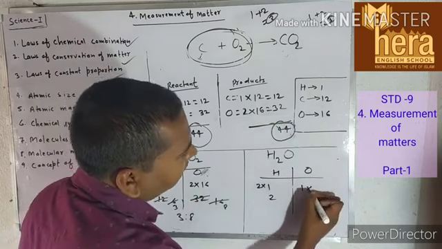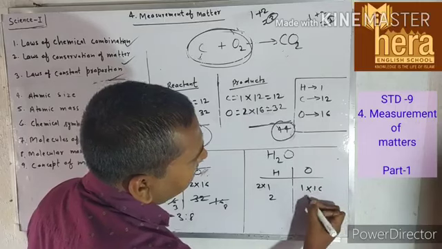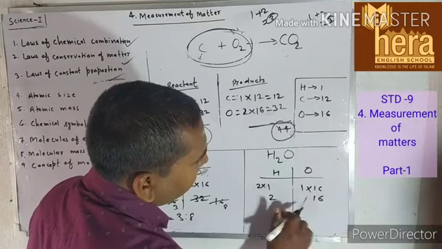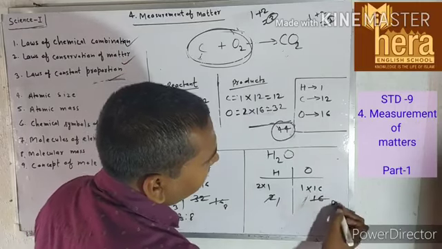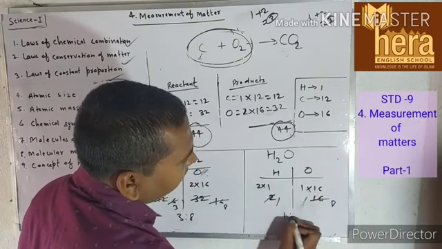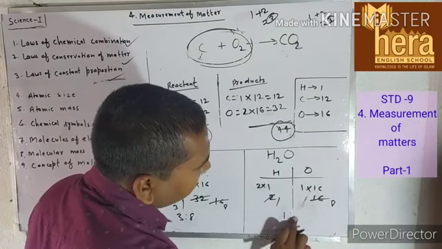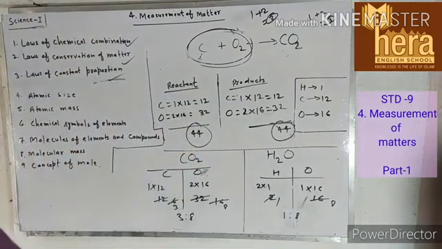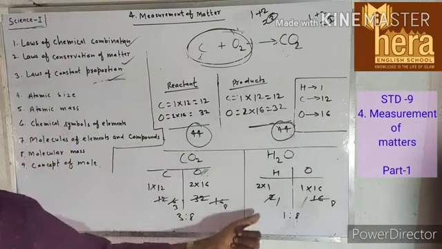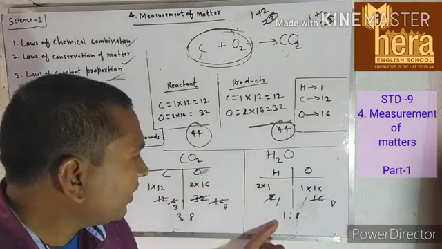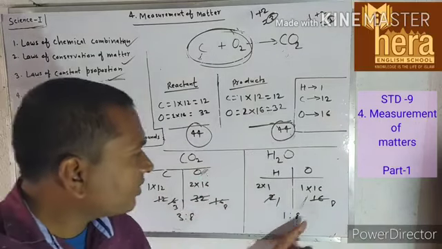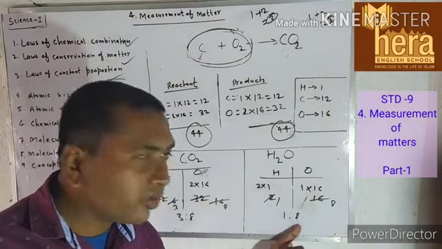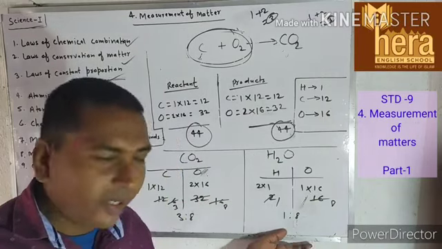Oxygen is 1, and 1 into 16 is equal to 16. So 2 and 16 reduce to 1 and 8. It means 1:8. If you want to make water, in that case the ratio of hydrogen and oxygen will be 1:8 by weight.